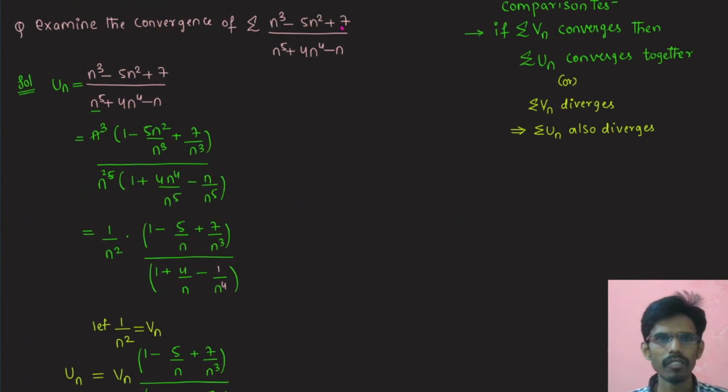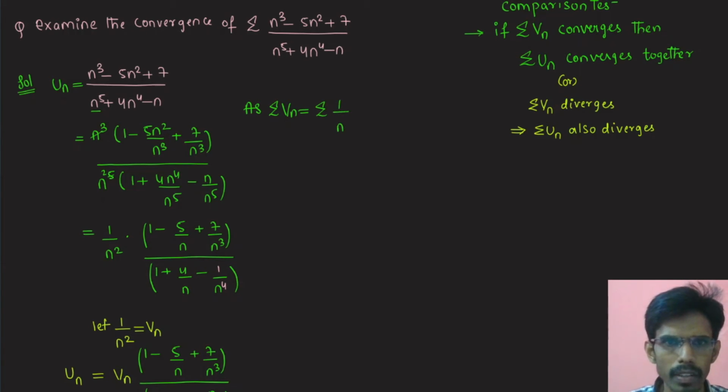Now we can see that sigma Vn, where the value of Vn is taken as 1 by n square, is a p series with p value 2, that is greater than 1.